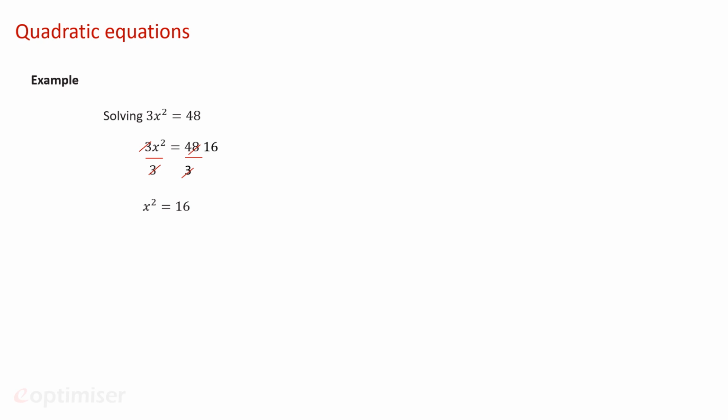So if x squared is equal to 16, you can write the 16 as 4 squared. Therefore x is equal to 4. That means the square root of x squared is equal to x. You can take the square root of both sides since they are equal, and therefore you will get x. The square root of 4 squared is equal to 4, that is equal to plus or minus 4.